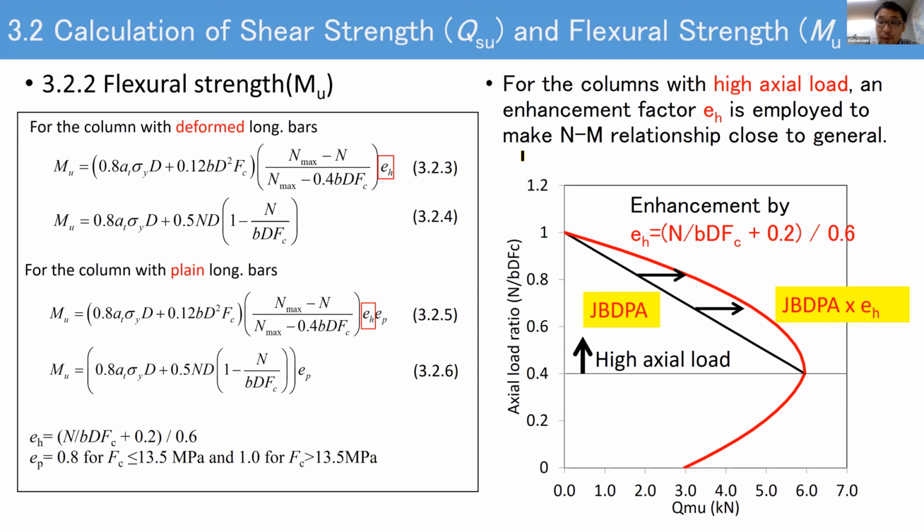For the columns with high axial load, an enhancement factor EH is employed to make axial load moment relationship close to general. This is the original Japanese relationship. And after employing factor EH, the curve became like this.